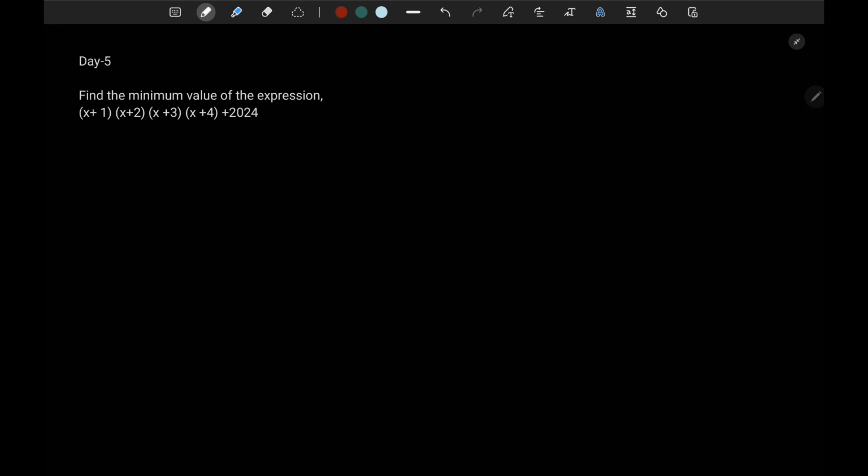Notice that there is a pattern within just this part of the expression. You have x plus 1 multiplied with x plus 2, then x plus 3, then x plus 4.